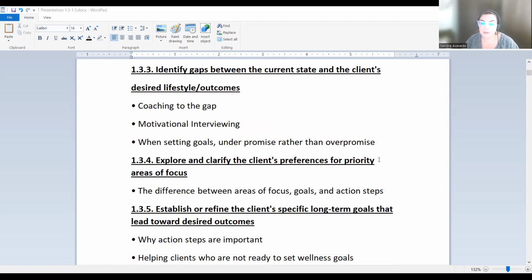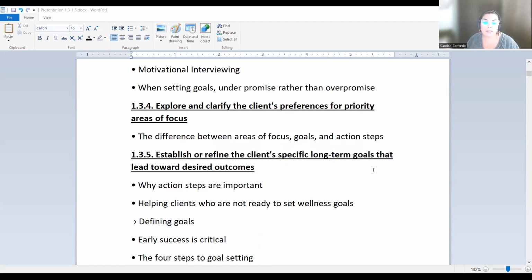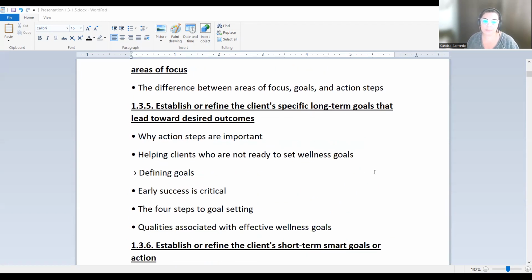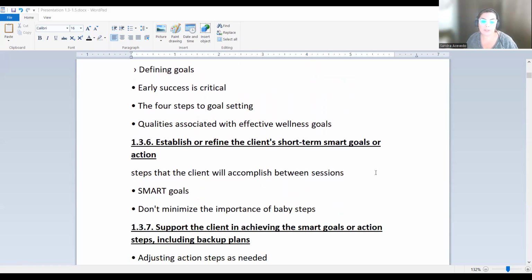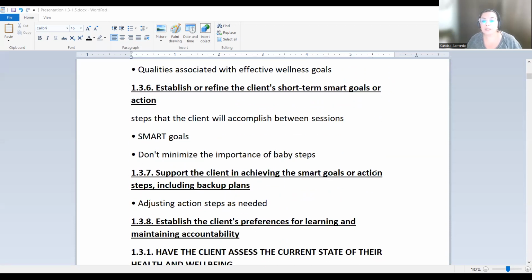When setting goals, under promise rather than over promise, exploring and clarifying the client's preference for priority areas of focus, the difference between areas of focus, goals, and action steps, establish or refine the client's specific long-term goals that lead toward desired outcomes, why action steps are important, helping clients who are not ready to set wellness goals, defining goals, early success is critical, the 4 steps to goal setting, qualities associated with effective wellness goals, establish or refine the client's short-term SMART goals or action steps that the client will accomplish between sessions.